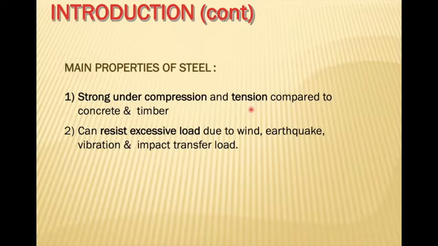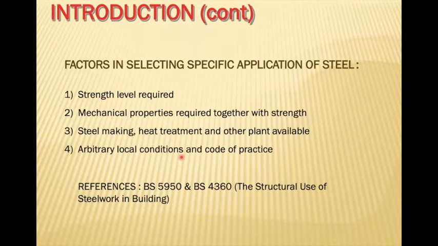In comparison, steel can be compressed, or it can also be pulled under tension, right? So in comparison to concrete and timber, steel is a better material with better properties. It can also resist excessive load due to wind, earthquake, vibration, and impact transfer load.